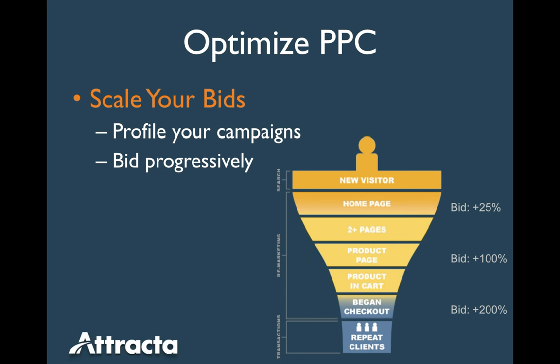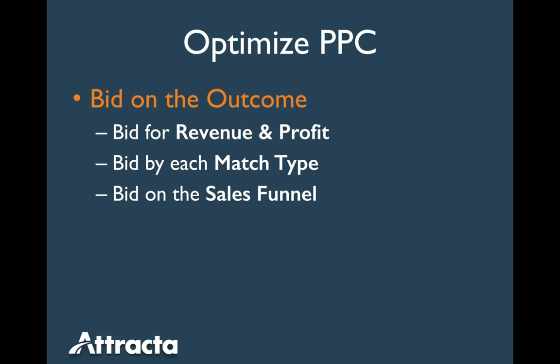So there are some things that you can definitely do, and we talk about the golden rules of PPC optimization, and it's actually fairly simple stuff. And if you follow the rules, and these are really the things that we talk about when we talk to our clients, it's really bid on the outcome.